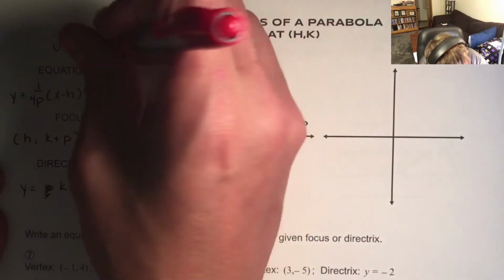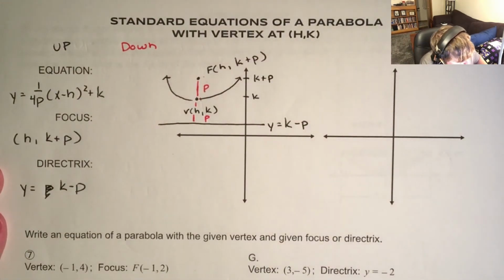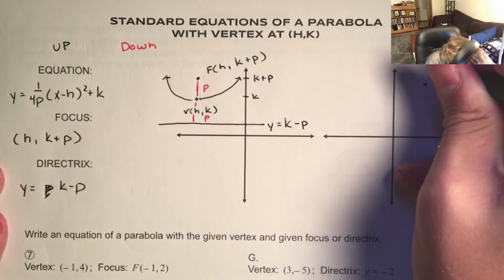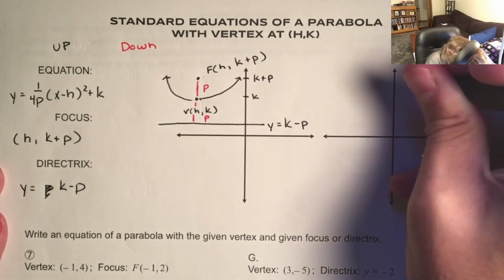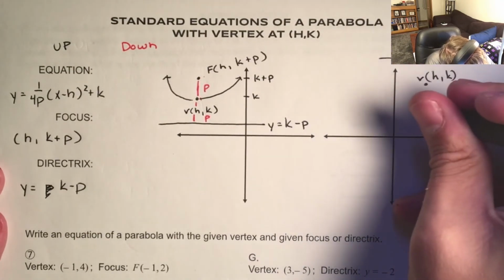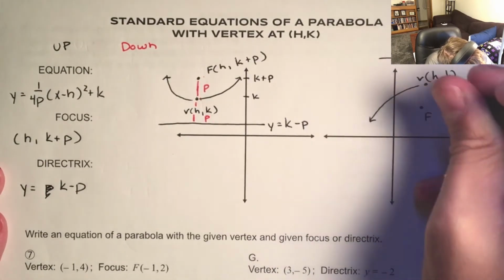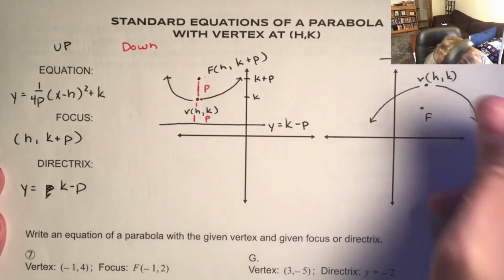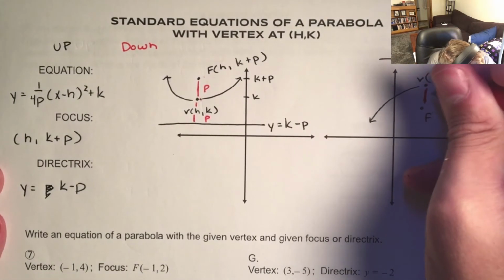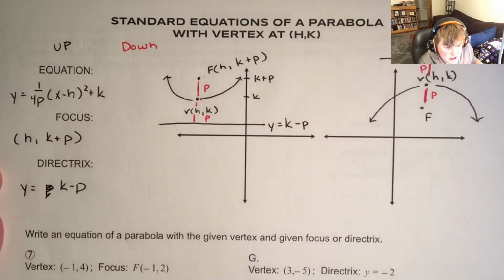Quite the opposite for when we're going down, so I'll do down in red. This one's a little better. Okay, so what if I have a vertex here at (h, k)? That means the directrix is above it and the focus is below it. This little distance here in red is p.